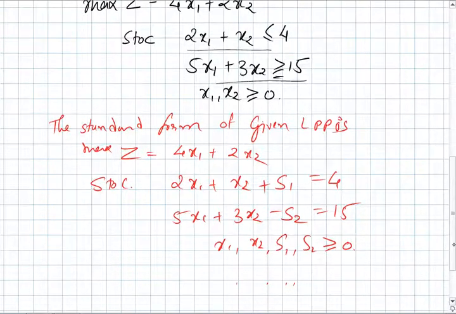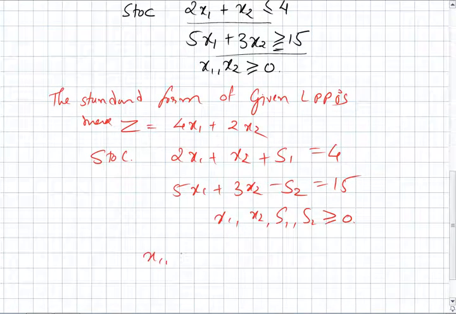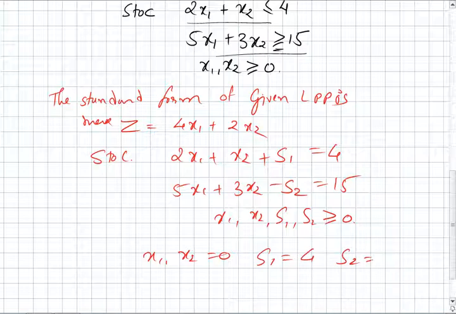But here if we take x1 and x2 as 0, then we have s1 equals 4 and s2 equals minus 15. So we are not getting a feasible solution.